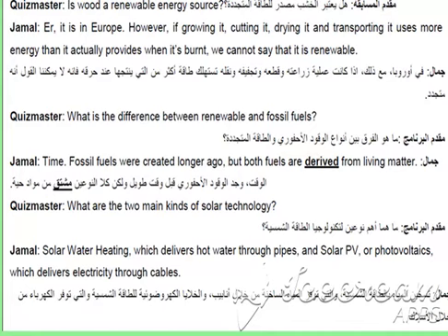What is the difference between renewable and fossil fuels? Time. Fossil fuels were created longer ago, but both fuels are derived from living matter. What are the 2 main kinds of solar technology? Solar water heating, which delivers hot water through pipes, and solar PV, or photovoltaics, which delivers electricity through cables. Which country is the largest?